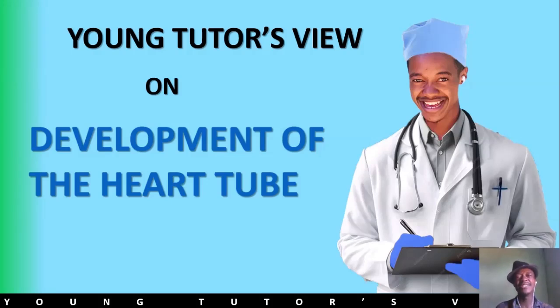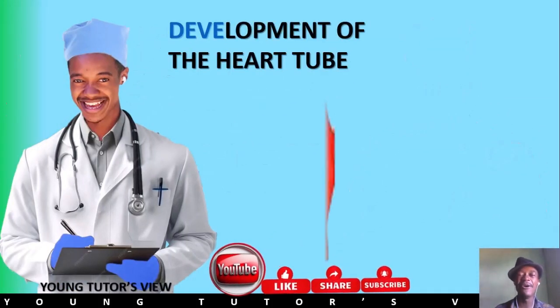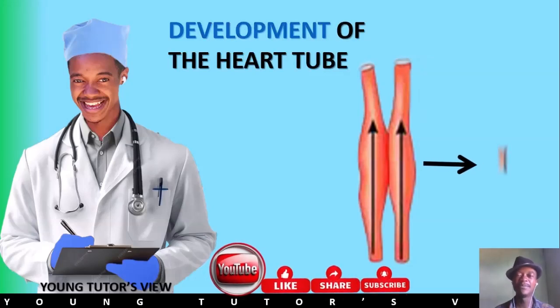So the cardiogenic area, or development of the cardiovascular system, comes in precociously to help satisfy the embryo in terms of oxygen and nutrition. So stay tuned as we see Young Tutor's view on the development of the heart tube.